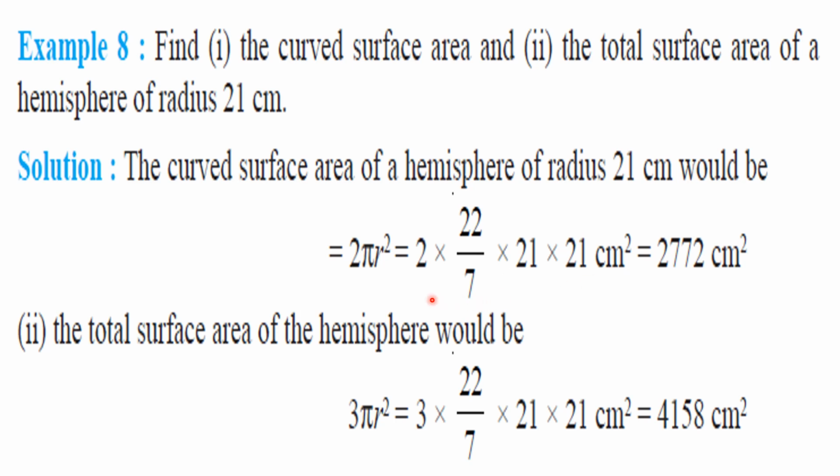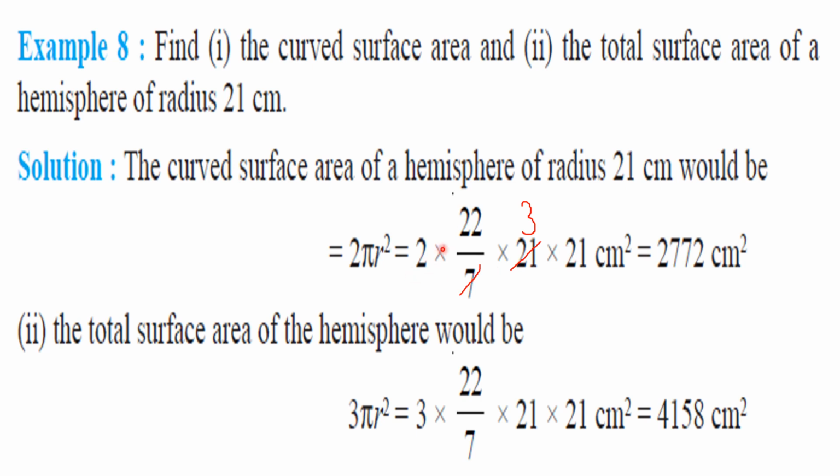Understood this step? Now let us simplify. Here 7 one time, here 7 three times. Then what are the numbers left here? 2 into 22 into 3 into 21.